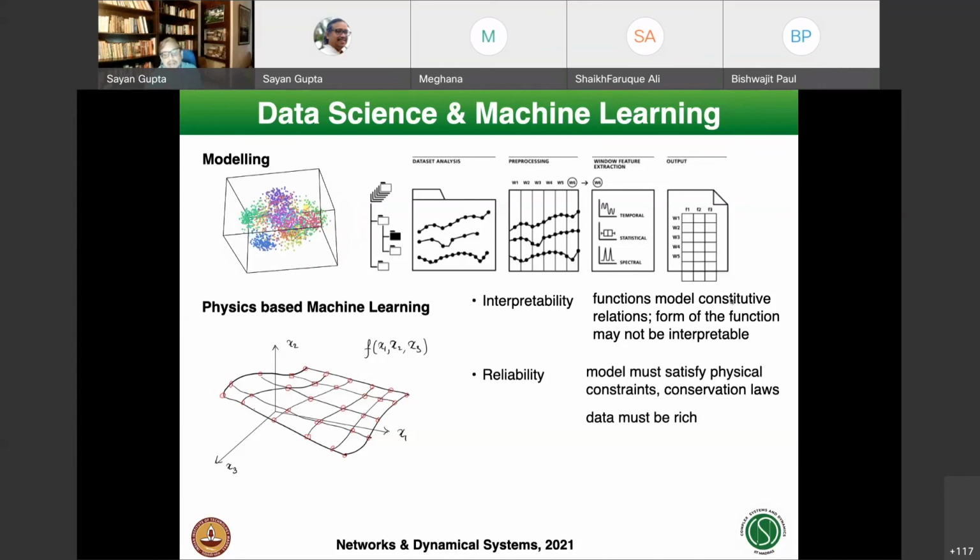If the model has to be reliable, we must also include in this modeling the usual constraints that any physics-based modeling should satisfy, for example, the physical laws, the conservation laws, and so on. And of course, to do this, the data must be sufficiently rich, in the sense that the data covers the entire spectrum of the space, and noise or spurious data has to be eliminated, and the problem has to be well posed.